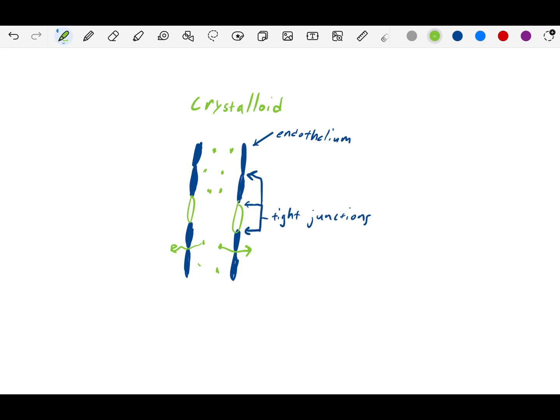The crystalloid doesn't really care because it's moving back and forth anyway, and it's not exerting an effect in oncotic pressure. So in these settings, yes, there will be some that will move out of the intravascular space, but that's normal. There's still going to be those that remain inside the intravascular space. It's no problem. That is a pretty basic example of why crystalloid a lot of the time is the preferred fluid to give in many, many settings that you will see in medicine.